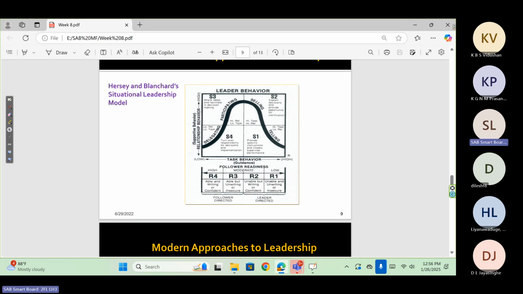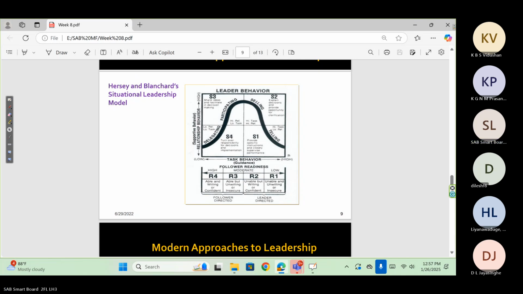Selling is another name for the democratic style. What happens here? The leader explains decisions and provides opportunities for followers to clarify or present their ideas. It is part of the democratic leadership style found in the Iowa second style.